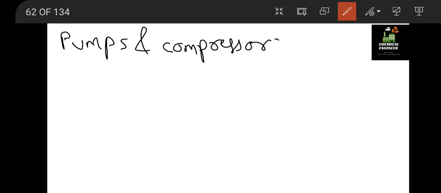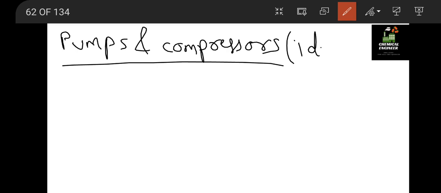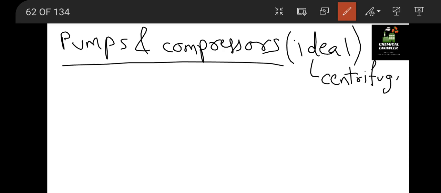Now let us see more about pumps and compressors. For pumps and compressors you have to remember three formulas. For the ideal case, we generally study the centrifugal pump.